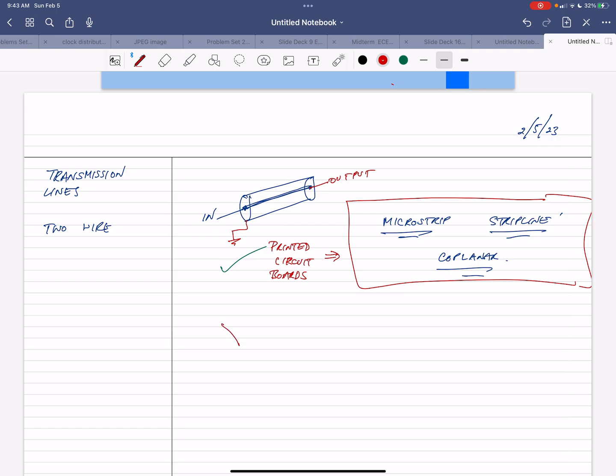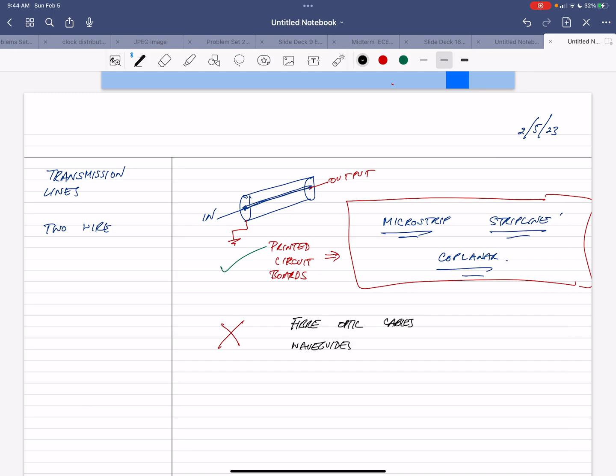What it won't work for are things like fiber optic cables and waveguides.